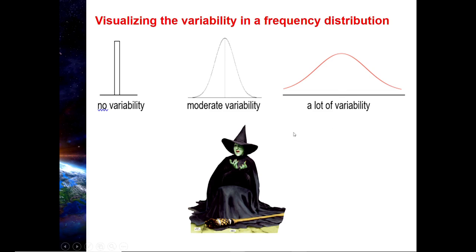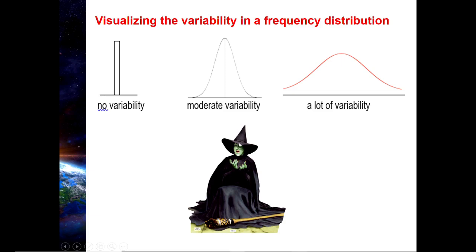So why the witch? Those of you who have seen The Wizard of Oz, which I'm thinking most of you have, there's a scene in the movie where the Wicked Witch of the West begins to melt. And she goes, "I'm melting." You remember that scene? What happens as she melts?